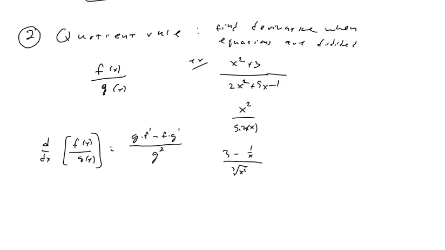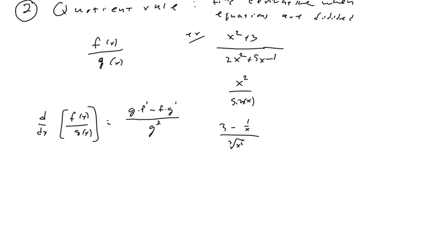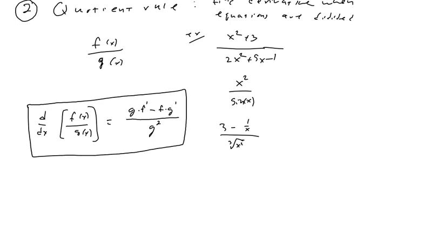So this is the quotient rule. When you have two functions dividing each other, you take the bottom one times the derivative of the top minus the top times the derivative of the bottom over the bottom one squared. And there's a fun little phrase that can help you remember the order here. It's like this.